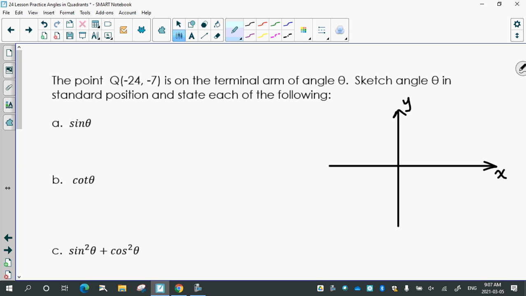What quadrant is angle theta going to be in? Quadrant 3. Okay, so a negative x and a negative y. So -24, -7. It doesn't matter to me whether it looks realistic or not. It's just representative, so don't worry if you think your slope's not right, that's not important.